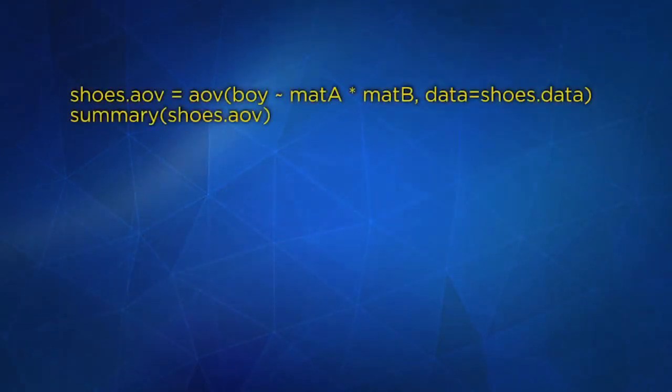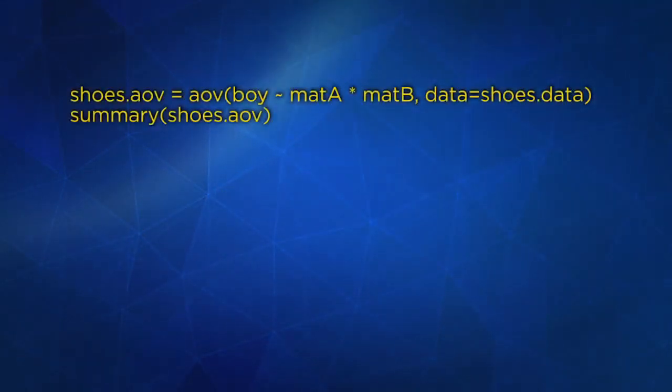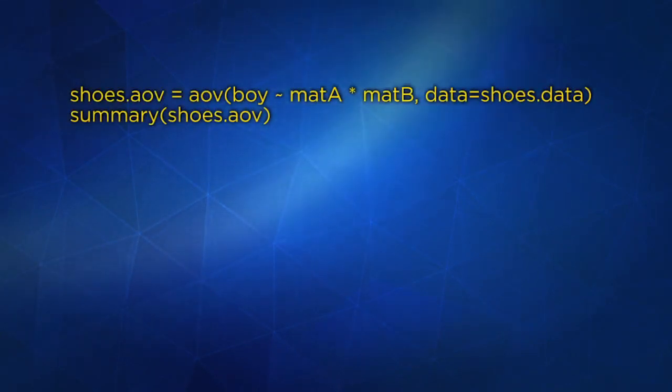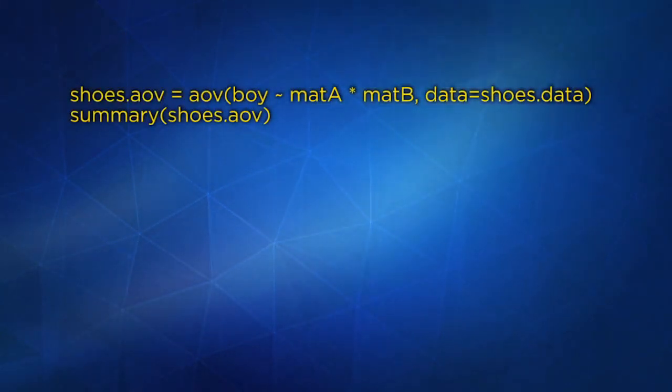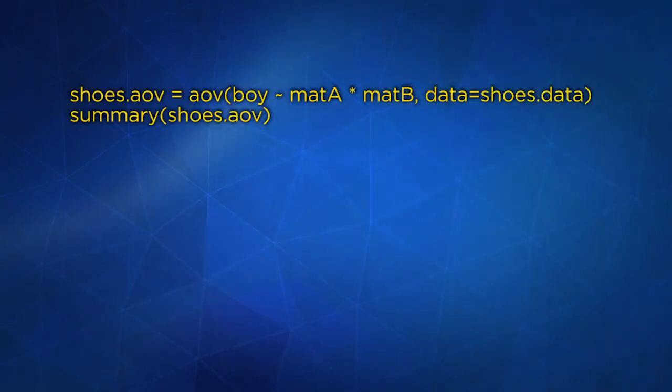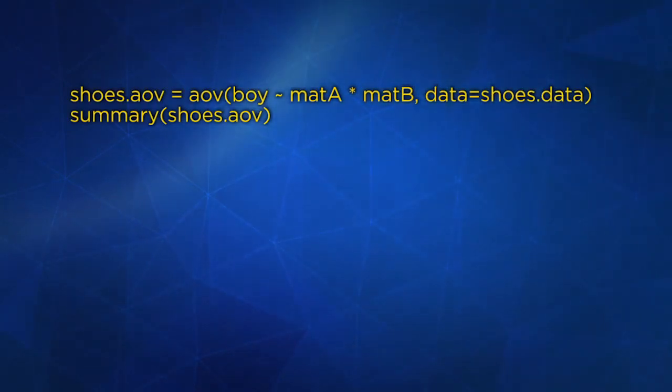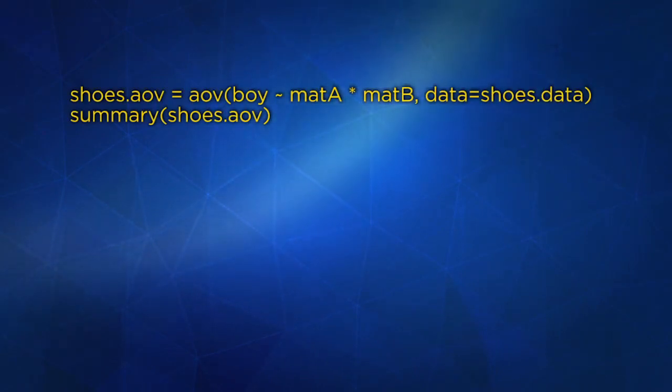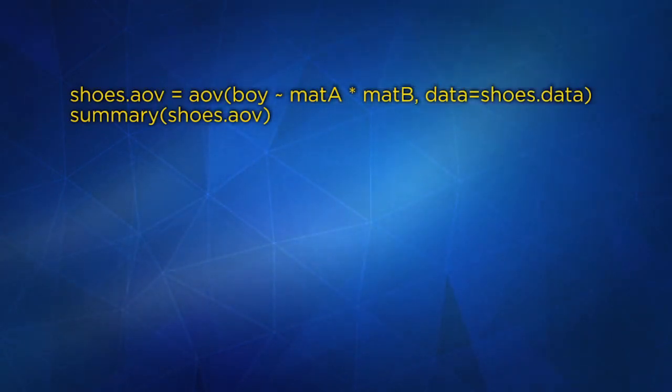All right, we can do an analysis of variance to see if boy is related to the materials A or the materials B. And if we use this star, mat A star mat B, that's telling R we also want to see, is there an interaction?